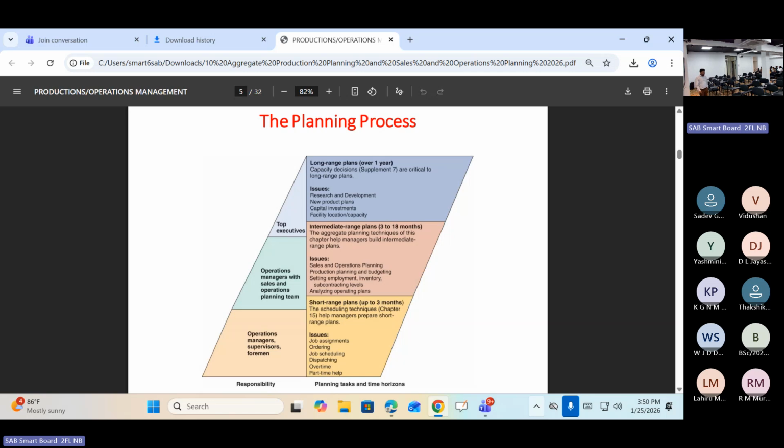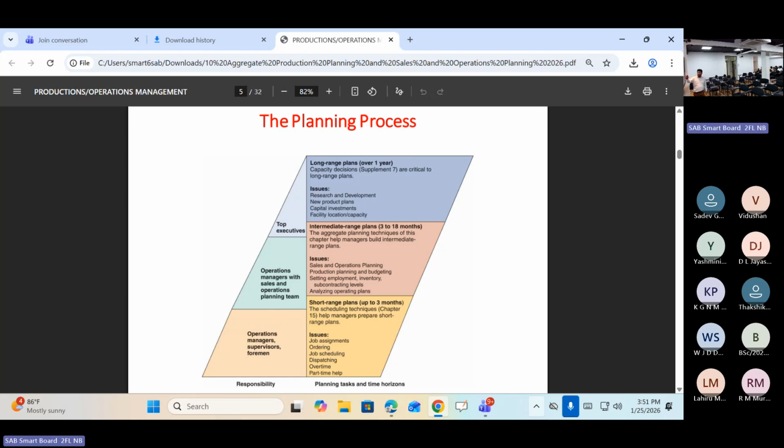Nowadays it is handled through sales and operations planning, S&OP. I will explain that to you. Production planning and budgeting, accordingly setting employment levels, inventory levels, subcontracting levels, and various other operations related planning, plus analyzing the planning options, operating plans and calculating the costs and deciding what production plans are more cost effective and accordingly implemented.